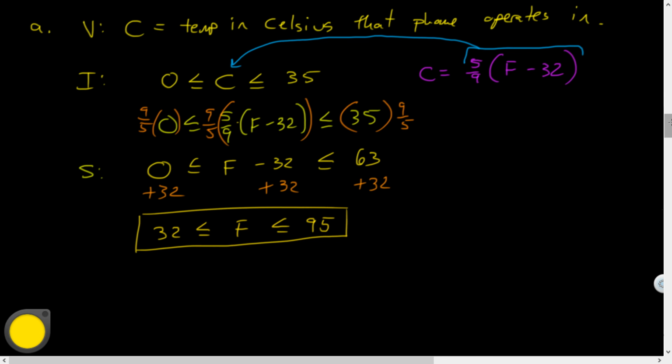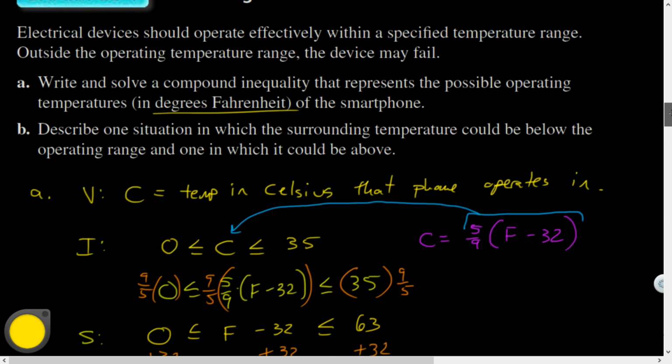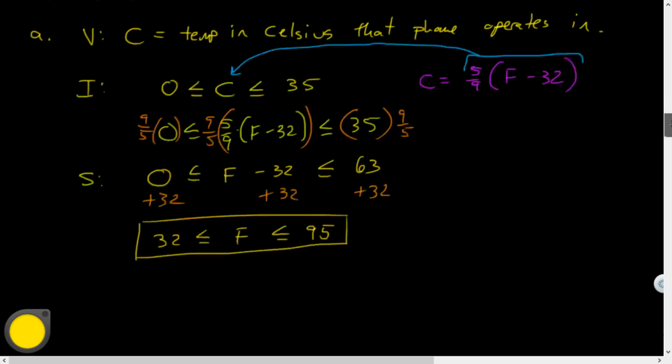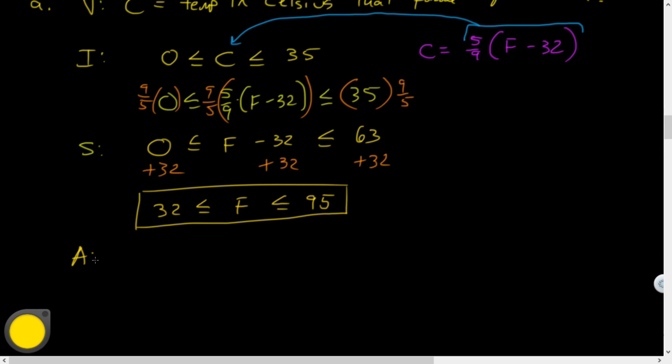Let's see what their question actually asked. They said, find the possible operating temperatures in Fahrenheit of the smartphone. So the phone works between 32 degrees and 95 degrees Fahrenheit.